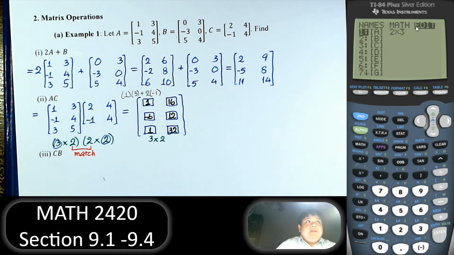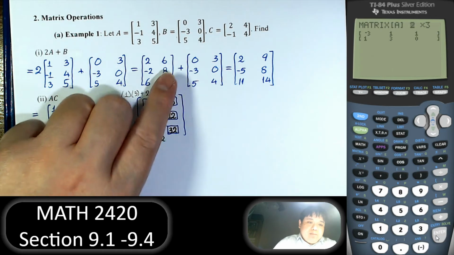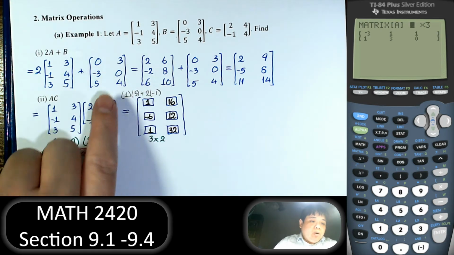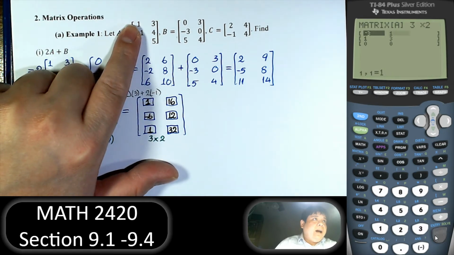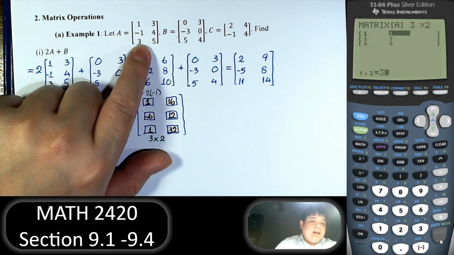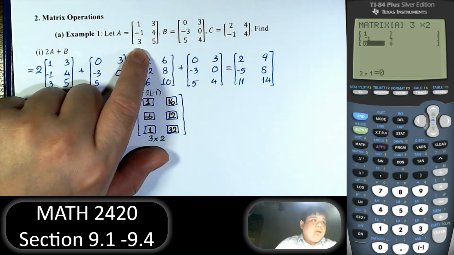Matrix A is 3 rows, 2 columns. The entries: 1, enter, 3, enter, negative 1, enter, 4, 3, and 5.